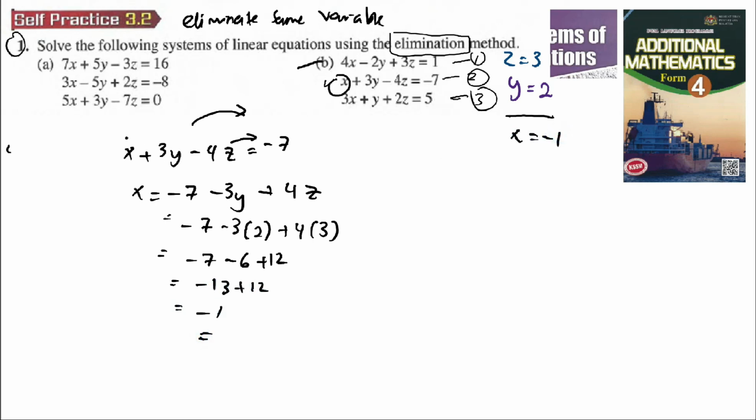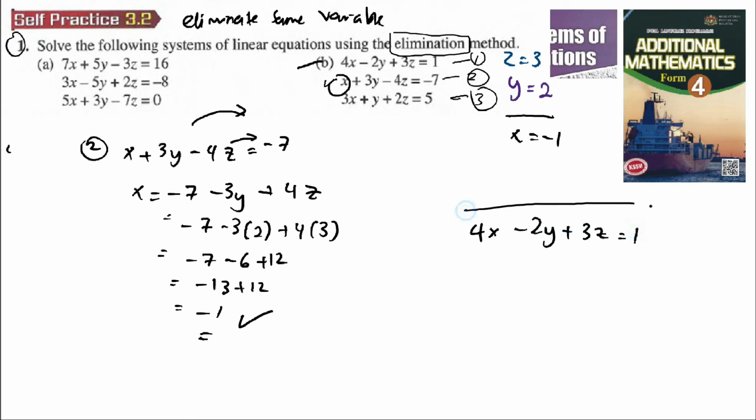So this one, I use number 2, right? So you don't have to check, but if you want to make sure that your answer is correct, just check using any of the others. This one is number 2, I need one of 1 or 3 to check if you get the same answer. So if I use 1, this one is just to check, but your answer can be up until here. So 4x minus 2y plus 3z is equal to 1.